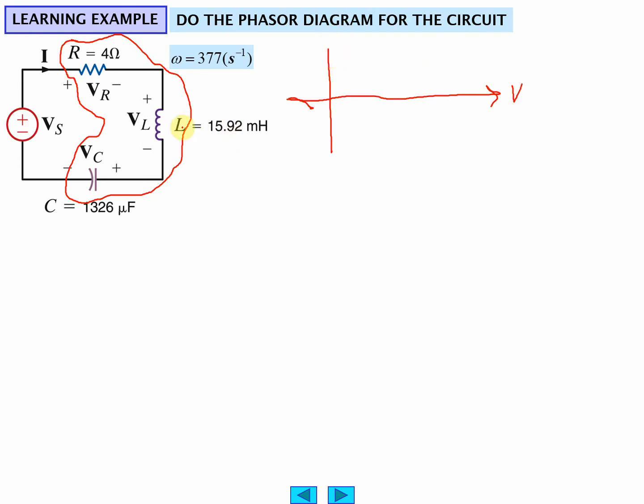And I'm going to put the resistance, and that's 4 ohms here. And the inductance at 377 megahertz and 15.92. Well, that's just going to be J omega L. And let's figure out what that is.